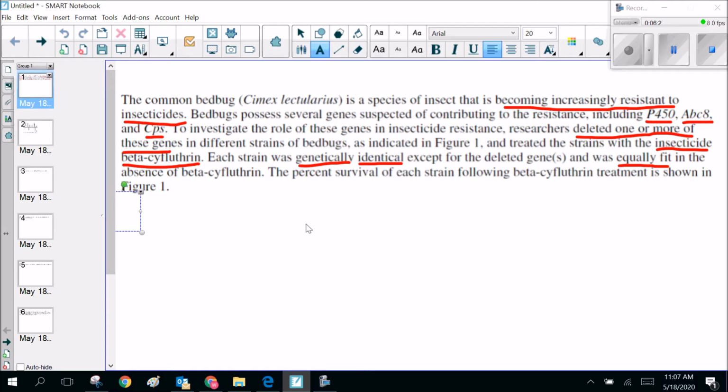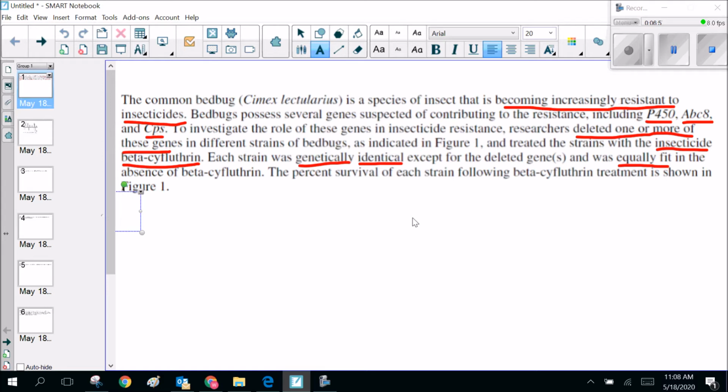So let's see if we can come up with the scientific question they're trying to get at here. They're talking about resistance to a pesticide, or rather an insecticide, and the genes that confer that resistance. The key is the experimental setup they described: they deleted one or more of these genes. Why would they do that? They're breaking the genes one at a time to see which one confers the best insecticide resistance.